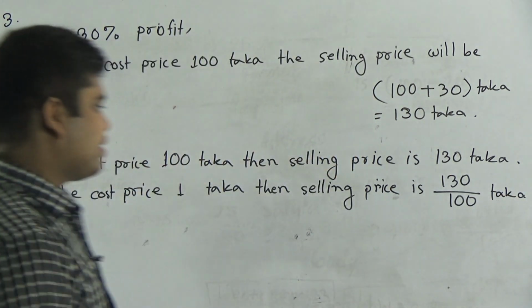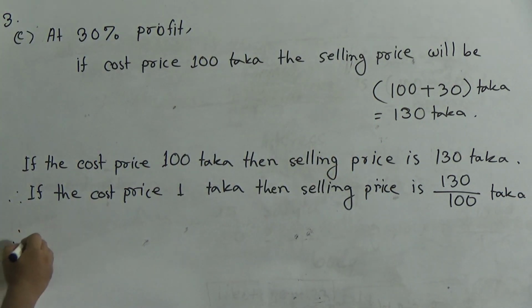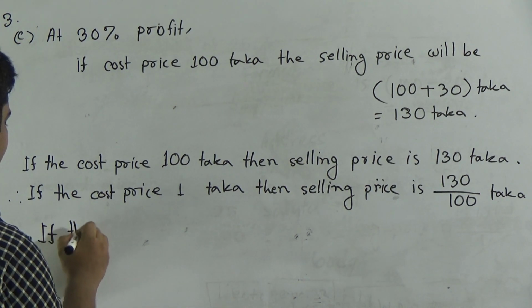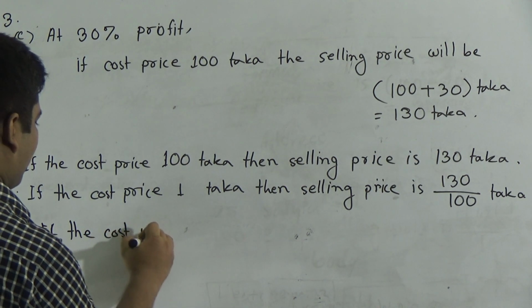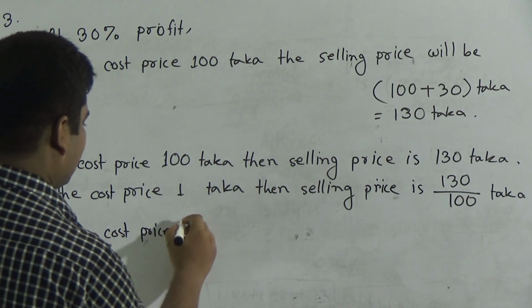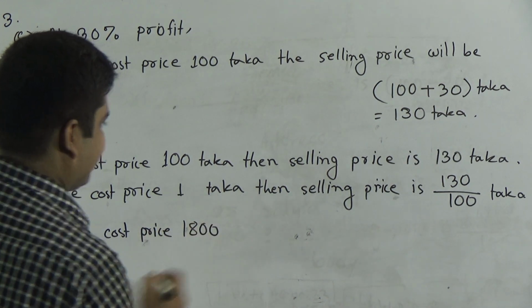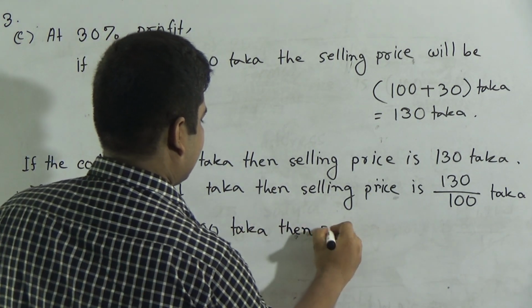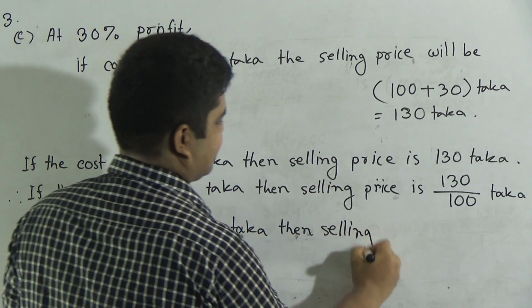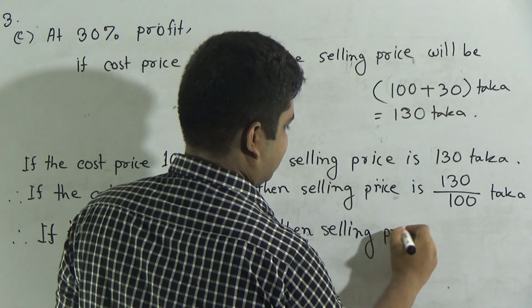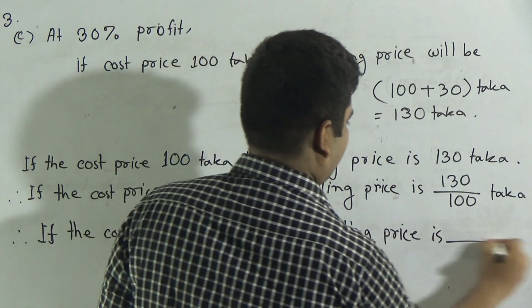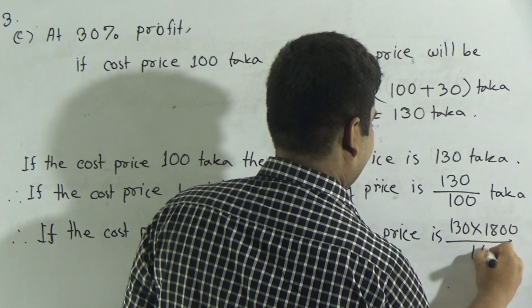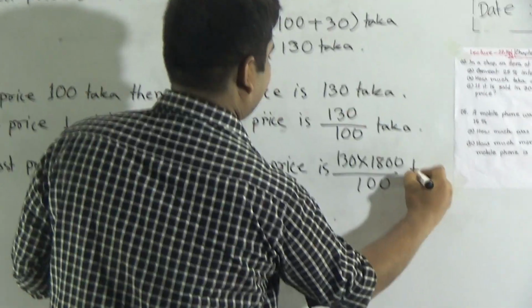Now my dear students, if the cost price of that item is 1800 taka, then the selling price is 130 multiplied by 1800 divided by 100 taka.